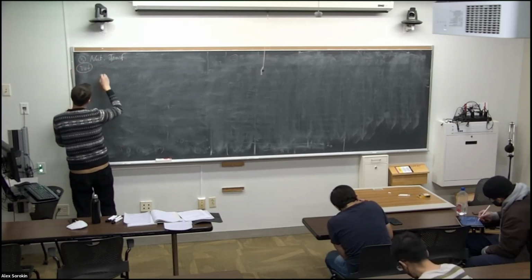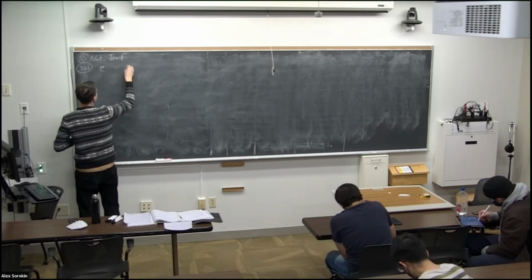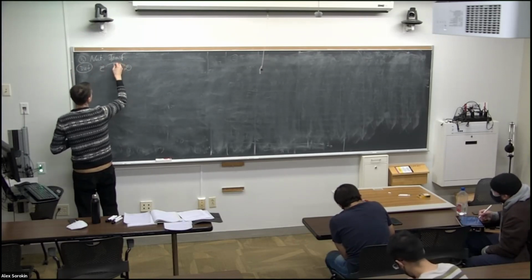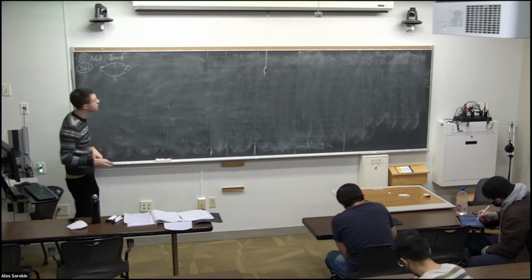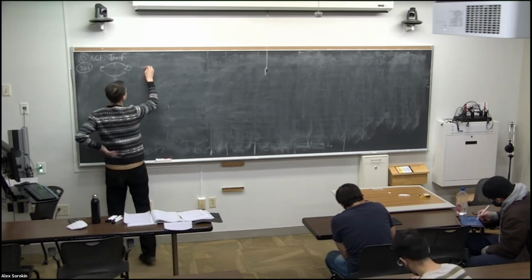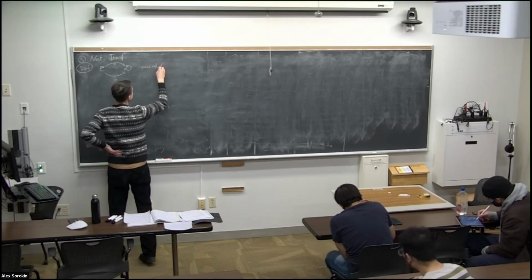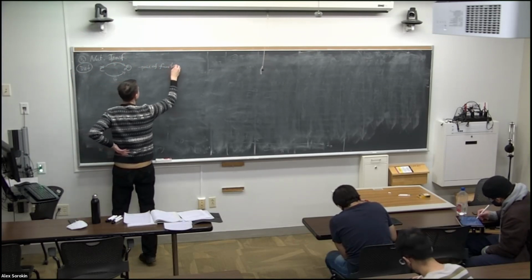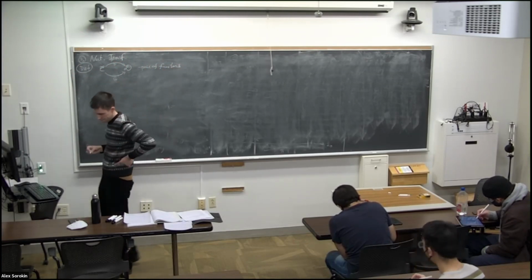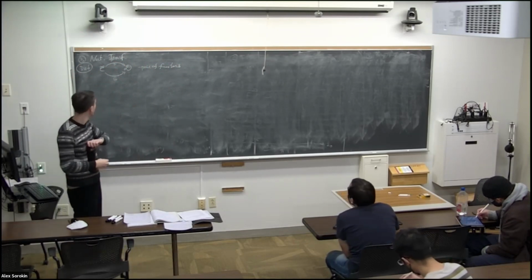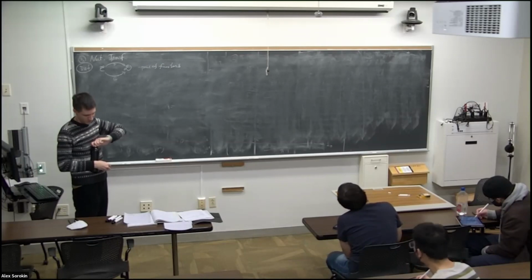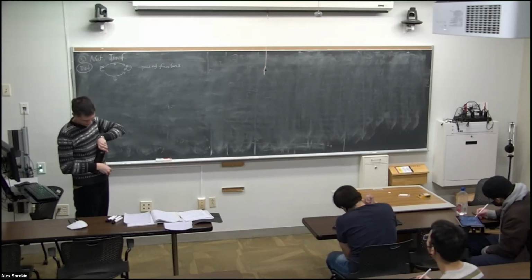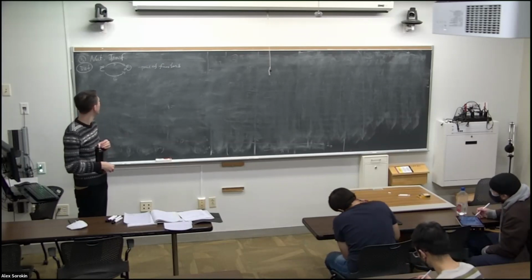So we have categories C and E. We have functor F, functor G. It's a pair of functors. Between this pair of functors, we want to define an action.